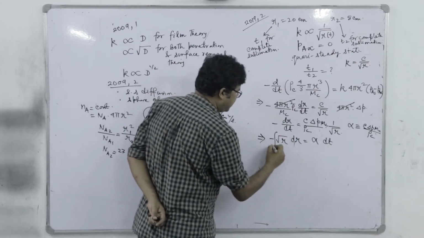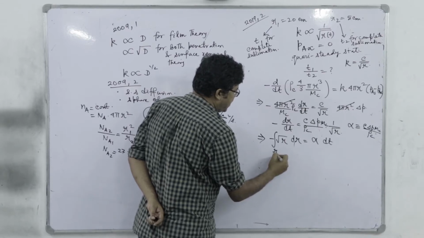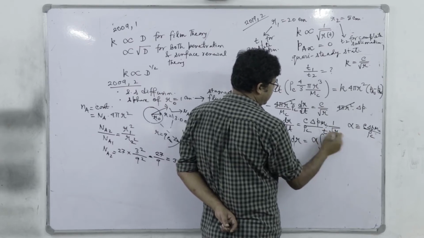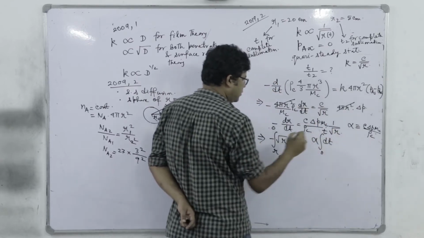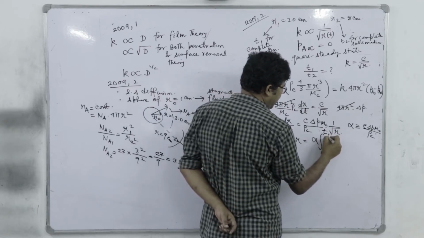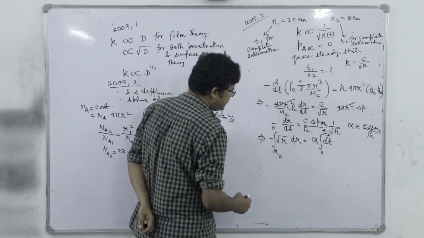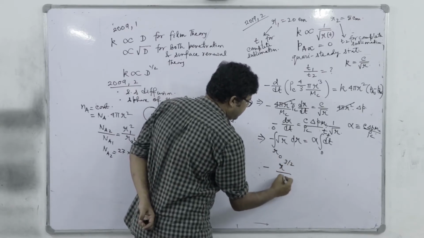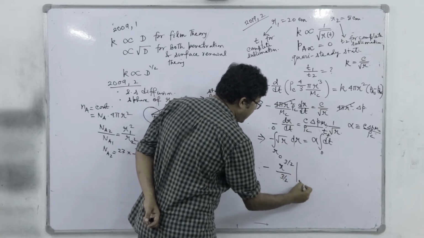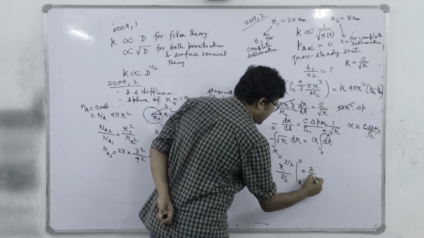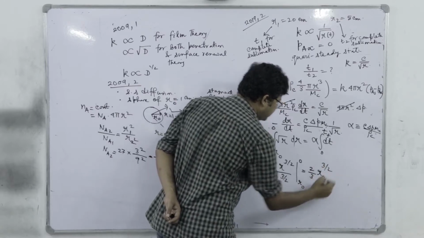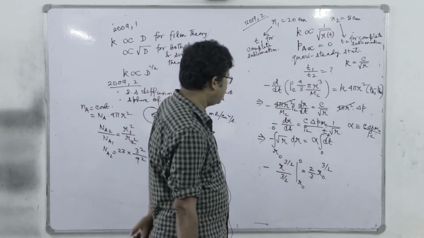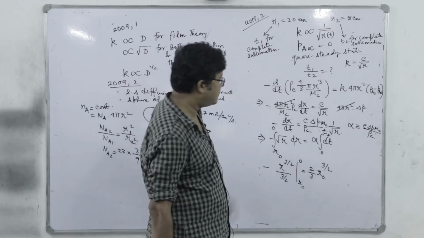So, here we have to integrate it from R0 to 0, and here from 0 to t, or 0 to say t final, TF. So, this is minus R to the power 3 by 2 divided by 3 by 2, from R0 to 0, which is 2 by 3 R0 to the power 3 by 2, because finally it is 0 as it is complete sublimation.